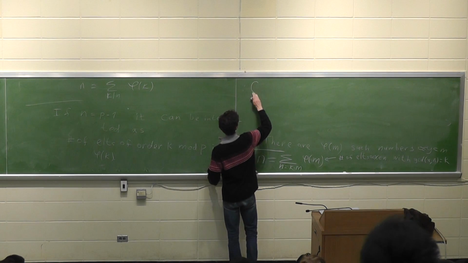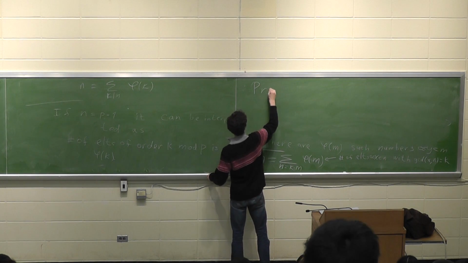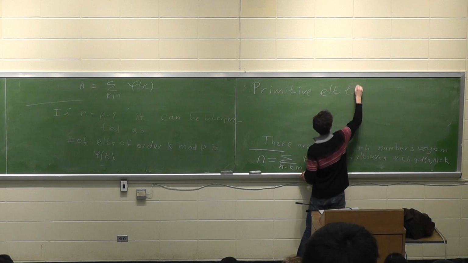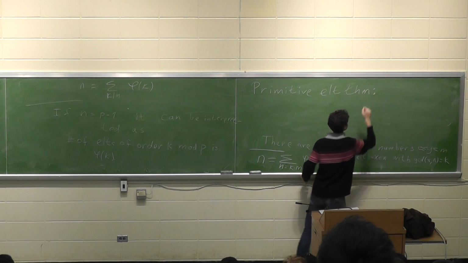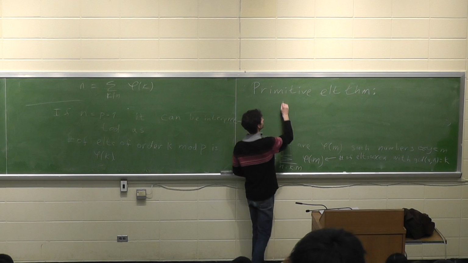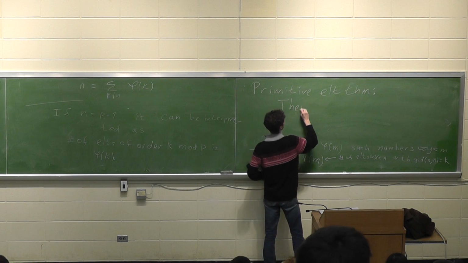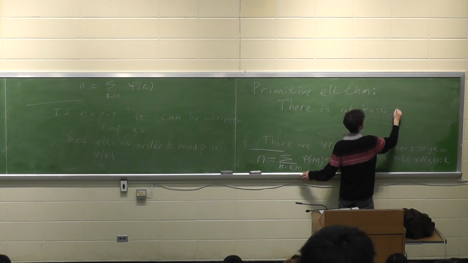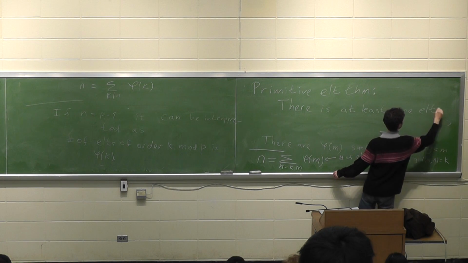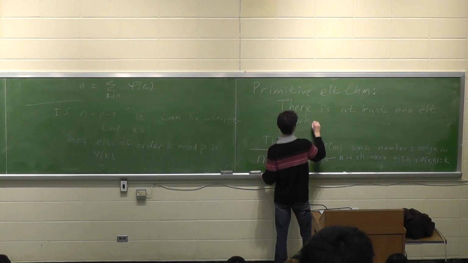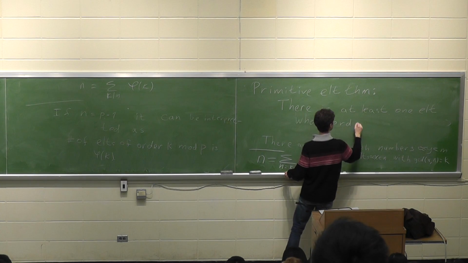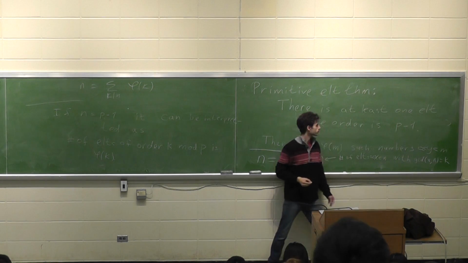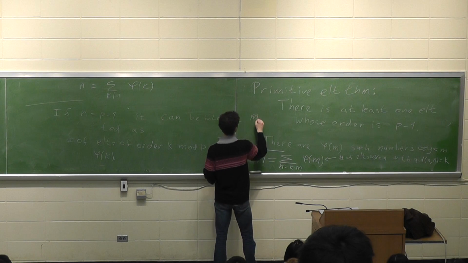The most important corollary in the primitive element theory: there is at least one element whose order is p minus 1.